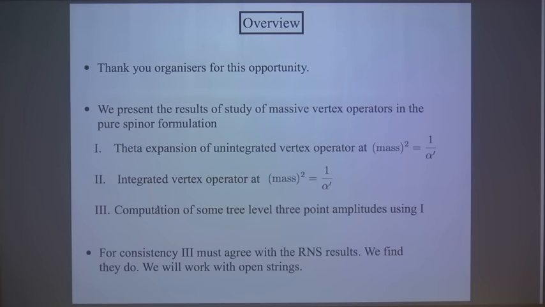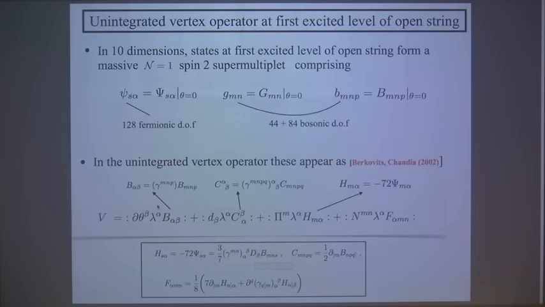So let me describe the unintegrated vertex operator at the first excited level of the open string. The states at this level form an N=1 spin 2 supermultiplet, which comprises a tensor spinor field containing 128 degrees of freedom, a symmetric traceless tensor containing 44 degrees of freedom, and a three-form field B_MNP comprising 84 bosonic degrees of freedom.